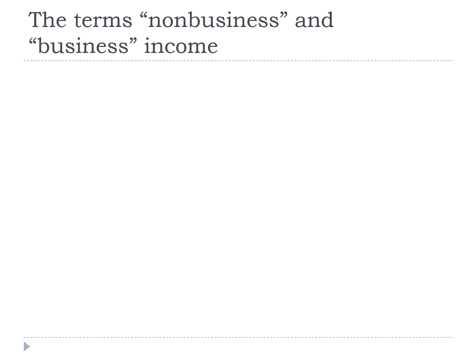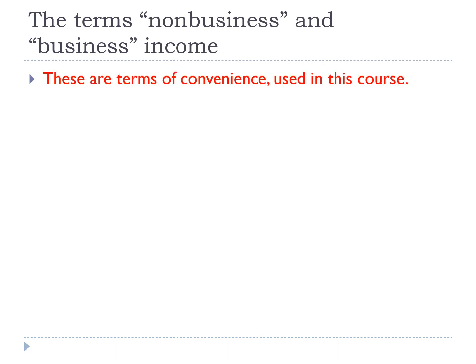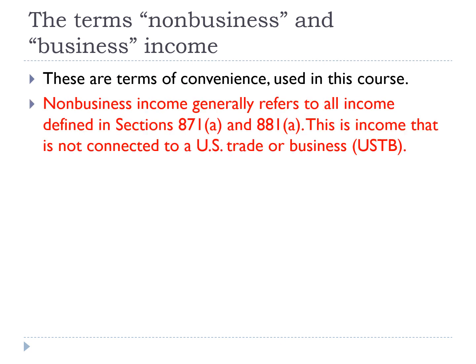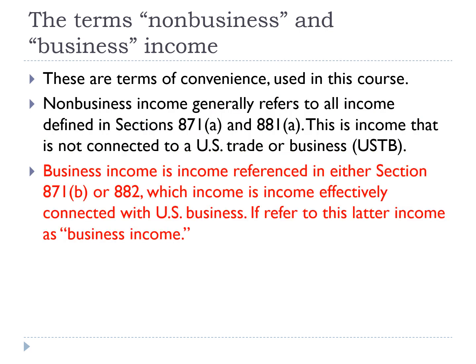Before going further, I want to clarify my use of the terms non-business and business income. These are terms of convenience used in this course. Non-business income generally refers to all income defined in sections 871A and 881. This is income that is not connected to a U.S. trade or business, or USTB.